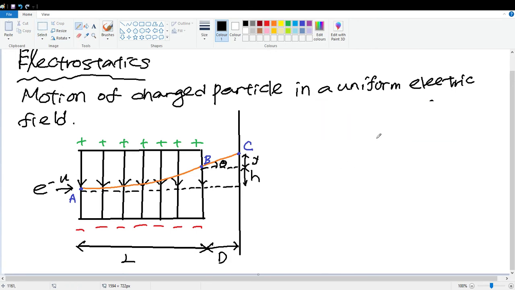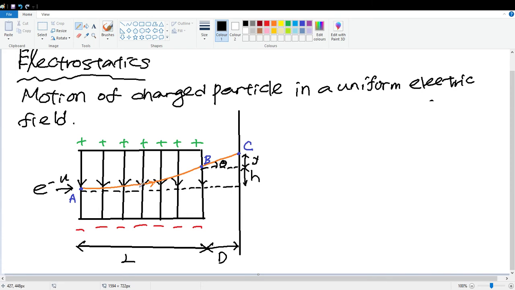Okay, so first of all, as we observe the path of these electrons, we know that the electron is being deflected towards the positive plates.